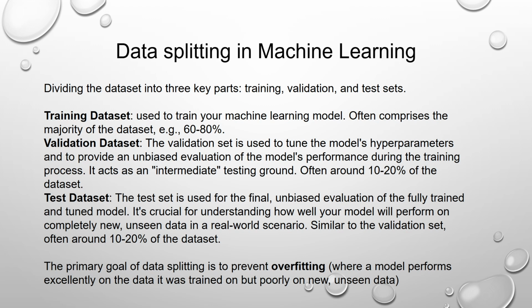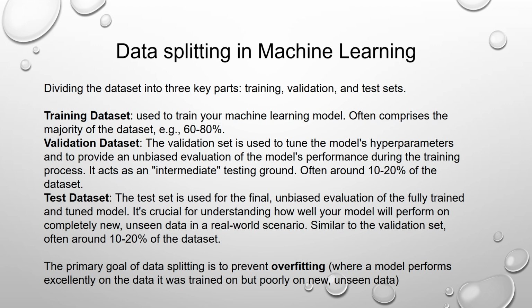Now, what is model overfitting? It is a term used when a model performs very well on the training data, but it performs poorly on unseen data. So we know that a machine learning model will try to learn the correlations between data. That is how a machine learning model is trained. But what if the machine learning model just learned the training data by heart?